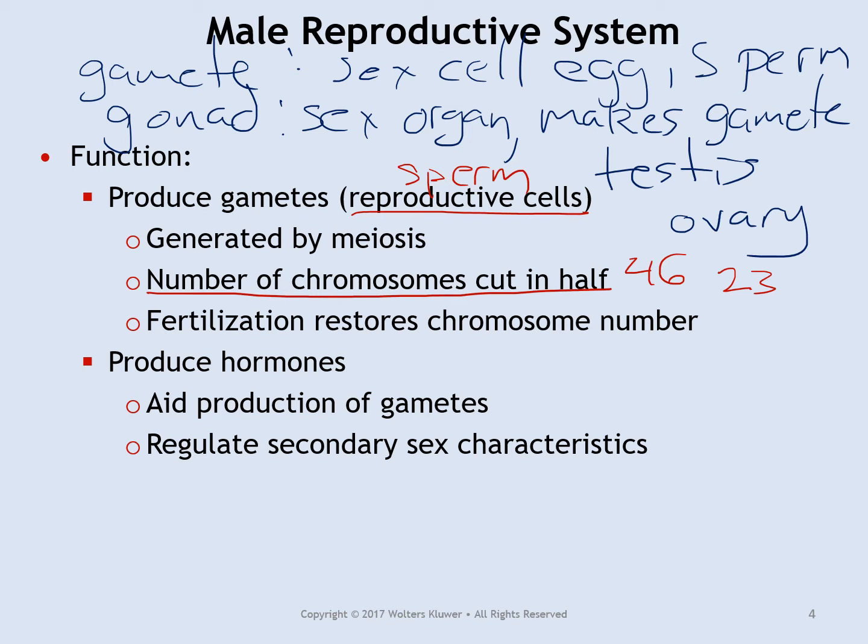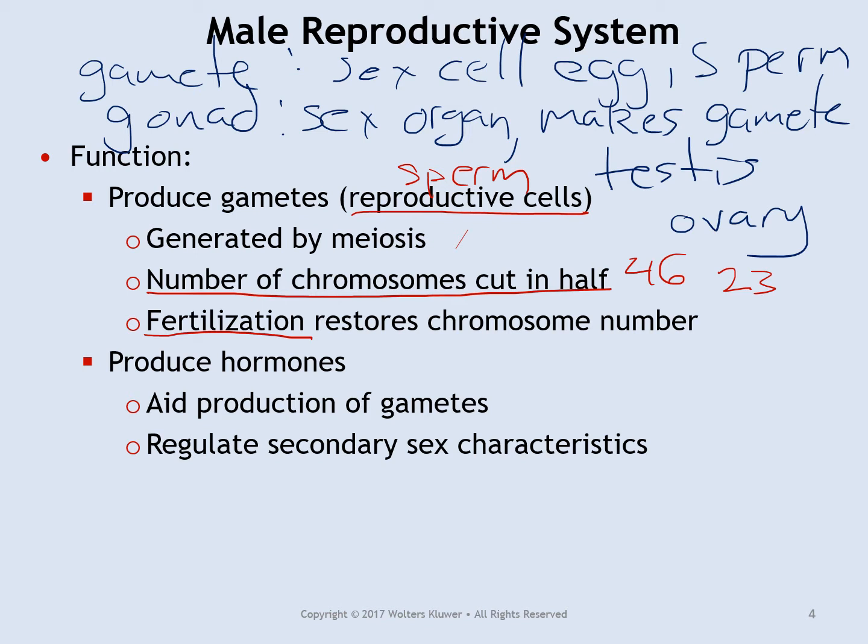And then when those 2 gametes come together, you'll get a copy of each gene in the egg cell, a copy of each gene in the sperm cell. They'll come together and form a new individual with their own specific DNA and with a full chromosome number with 46 chromosomes in each cell.